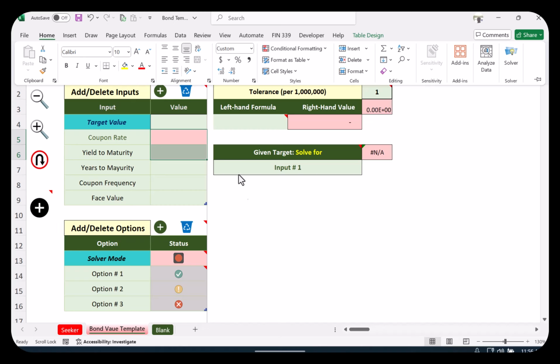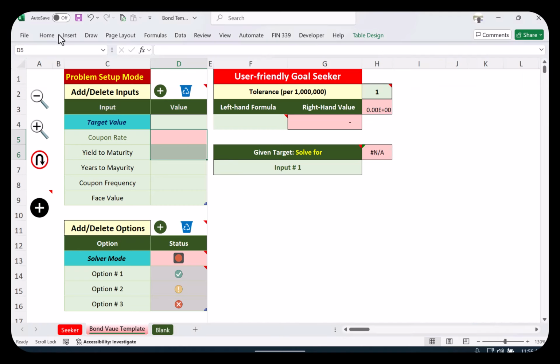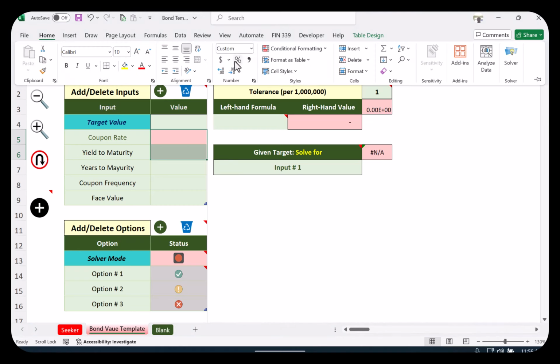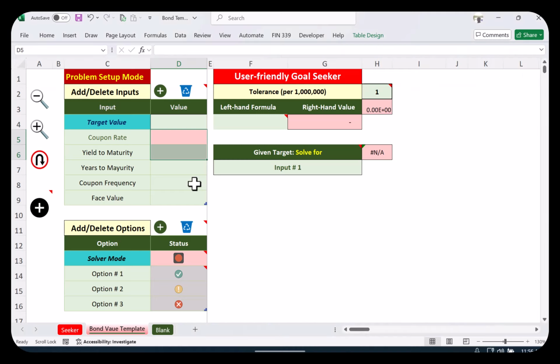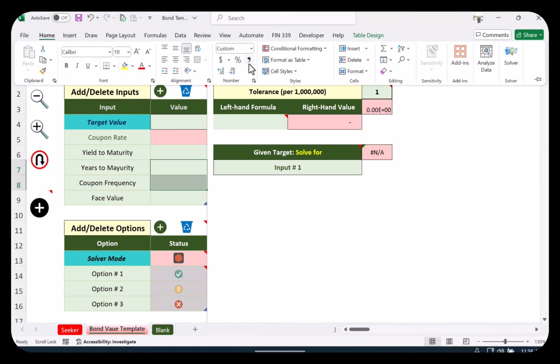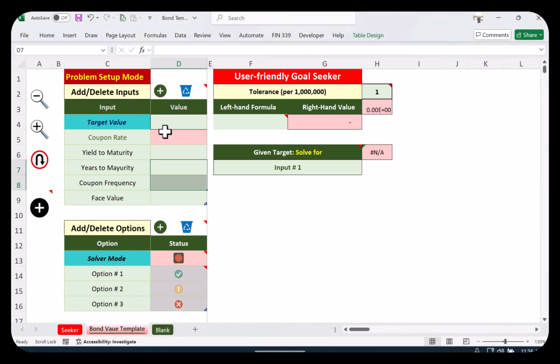Coupon rate and yield to maturity will have a percent format. And I'm going to make these just have 2 digits. So coupon rate 8%, yield to maturity 4.5%, years to maturity 30, semi-annual, and $1,000. So those are my inputs.